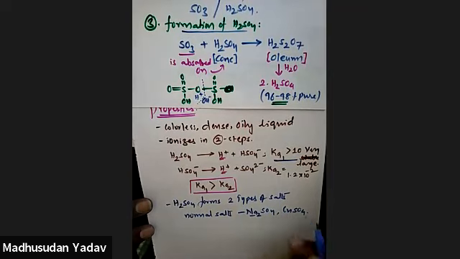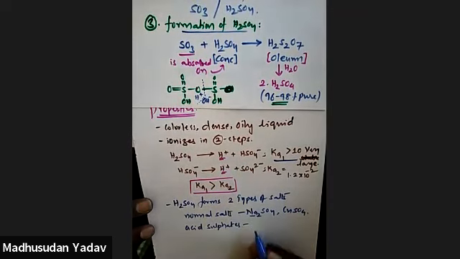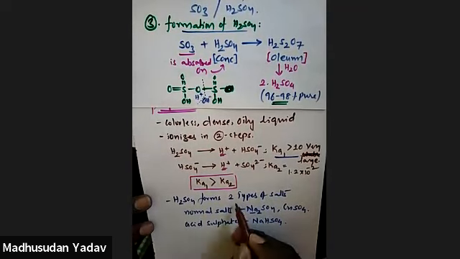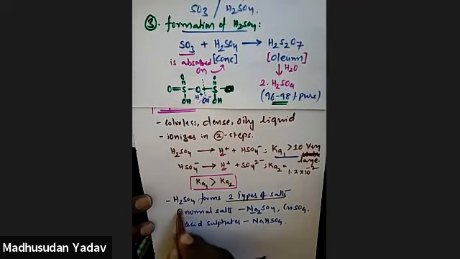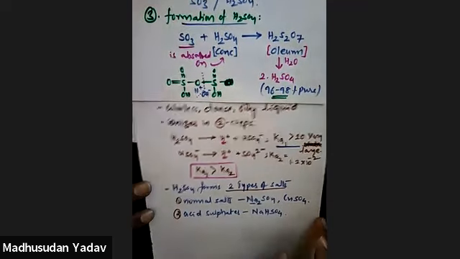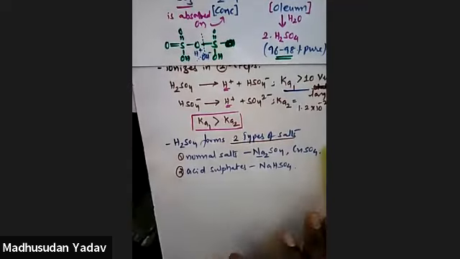This is a normal salt. It can also form acid sulfates. Still acidic, that means by losing one proton, in the place of one hydrogen, if you use sodium, you get sodium hydrogen sulfate. So it forms two types of salts: normal salt and acid sulfates. Have you understood this? Next one.